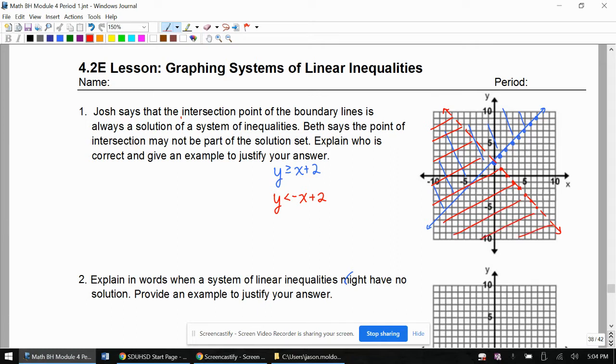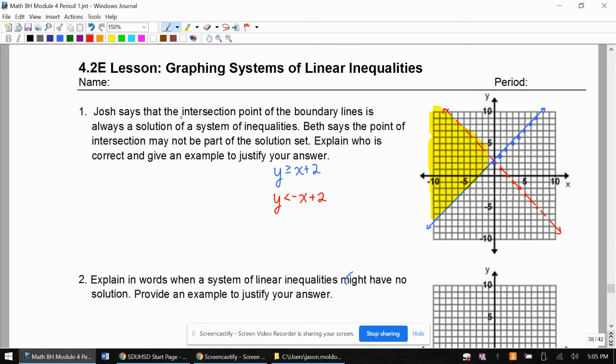And then somehow darken the overlap. Alternatively, if you look at it and you feel like you can identify it by just thinking about it, we can just mark the final shaded region, also known as the feasible region. We'll see that word show up in this lesson as well, feasible region.